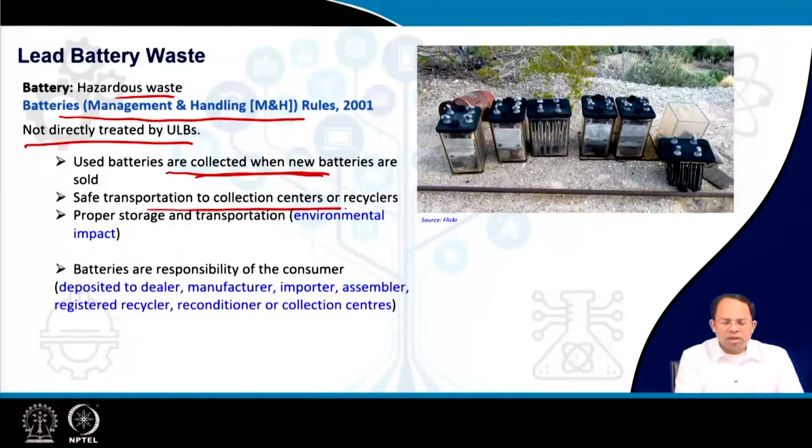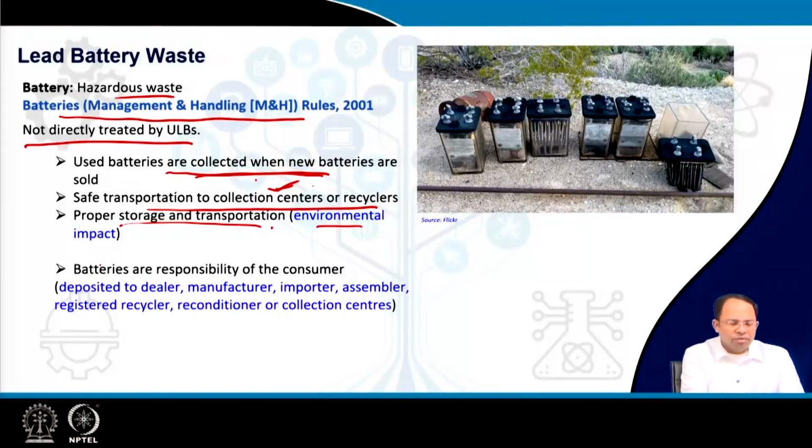Safe transportation to collection centers or recyclers has to be followed by whichever company or retailer collects these batteries. So there has to be some setup of a transportation system and collection centers and so on. Again, these collection centers could be set up by the companies or brands themselves which produce these batteries. Then proper storage and transportation so that there is no environmental impact.